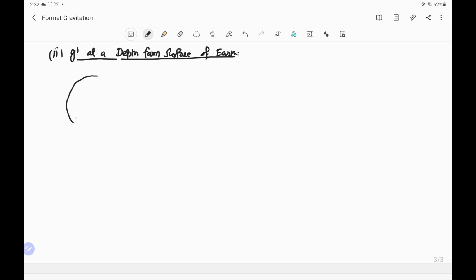Suppose this is the earth, this is the center where mass M is placed, and there is a small m which is at a depth d from the surface of earth. The radius of earth is R, so the distance from the center is r equal to R minus d.